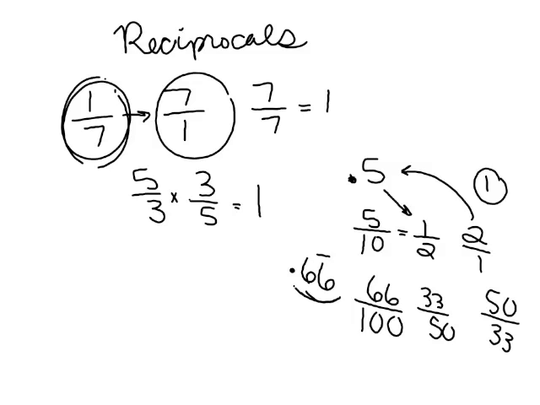So you would times 50 by 0.66666 and then divide it by 33. Okay, so your reciprocal needs to get you back to 1.